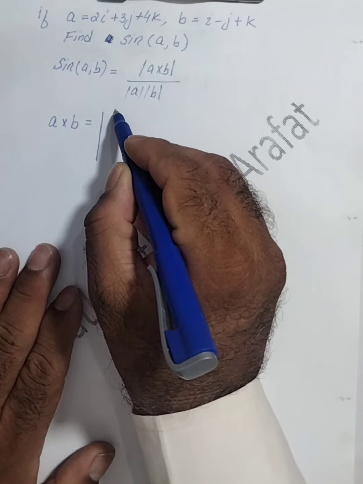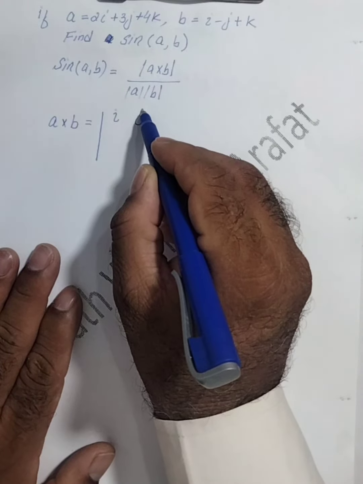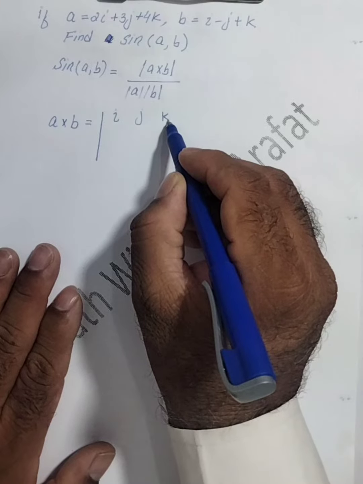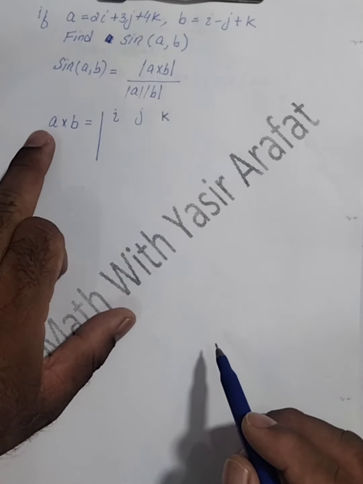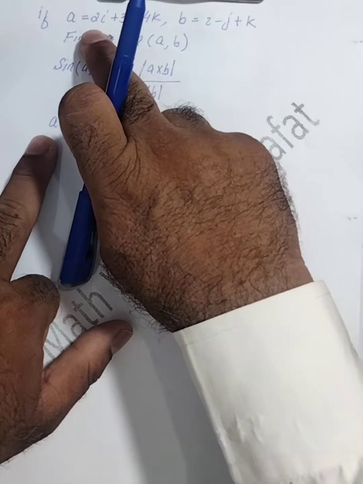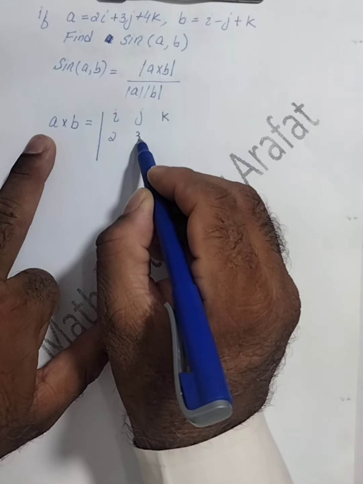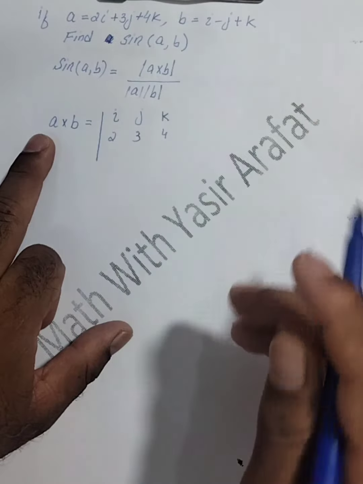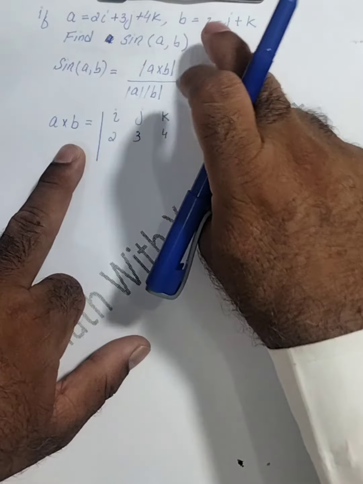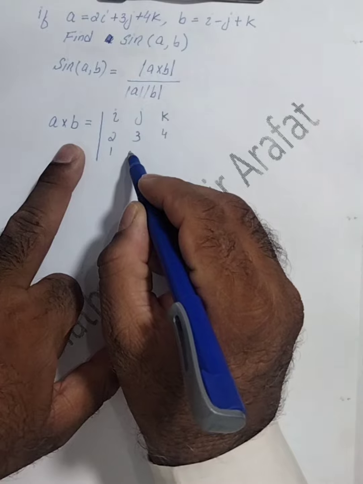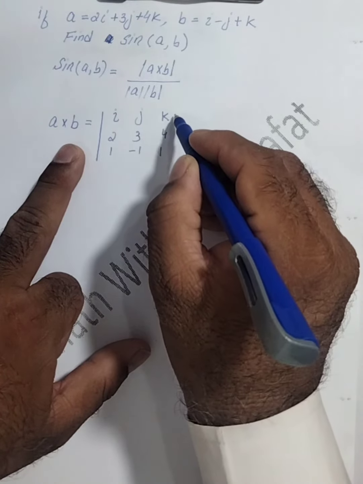Now we are going to write down the formula for the cross product of two vectors, with i, j, k. The coefficients of vector A are 2, 3, 4. And the other vector is B, that is 1, minus 1 and 1.